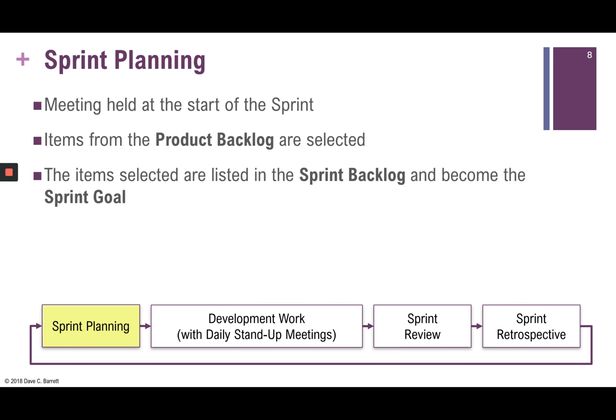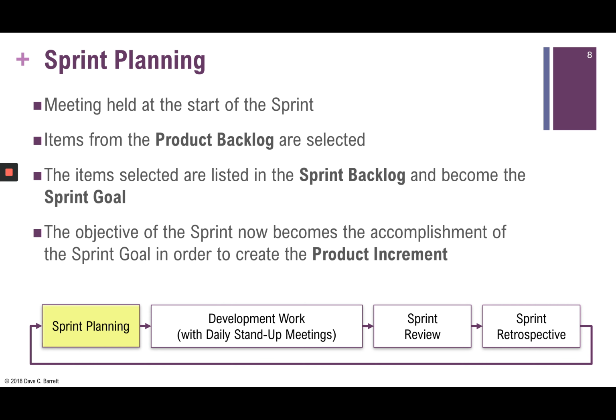The items that are selected are listed in what is called the sprint backlog. That is now a subset of the product backlog that will be performed during the sprint and become the sprint goal. The objective of the sprint now becomes the accomplishment of the sprint goal in order to create what is called the product increment.